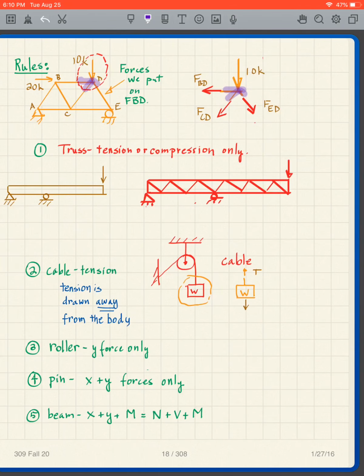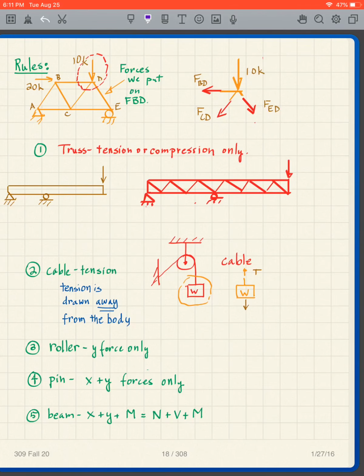If the arrow goes away from the body, then we are showing tension or pulling the body. Okay? If we show an arrow going toward the body, then that is compression, in other words, pushing. So tension or compression: if it's pushing, it's compression. If it's pulling, it's tension. Because when we pull things, they go into tension. If we push things, they go into compression.